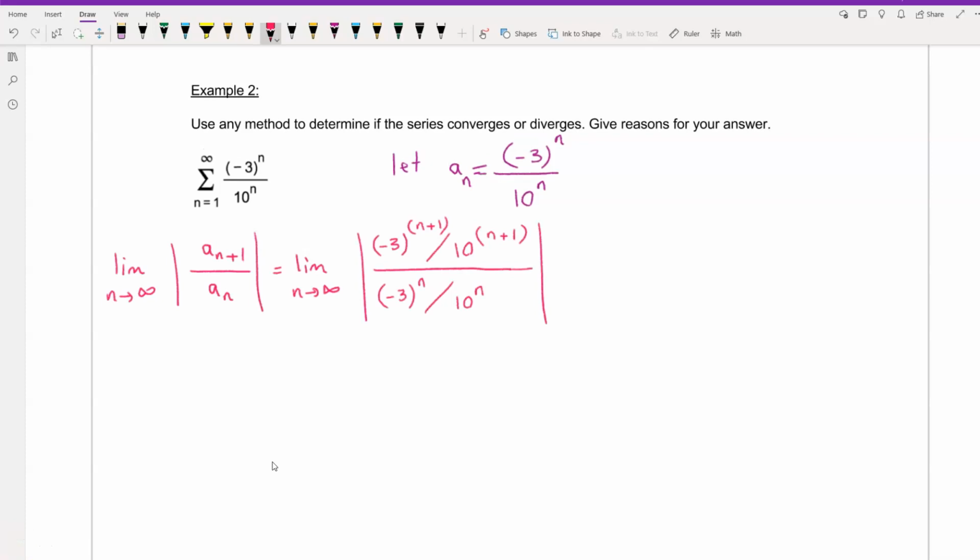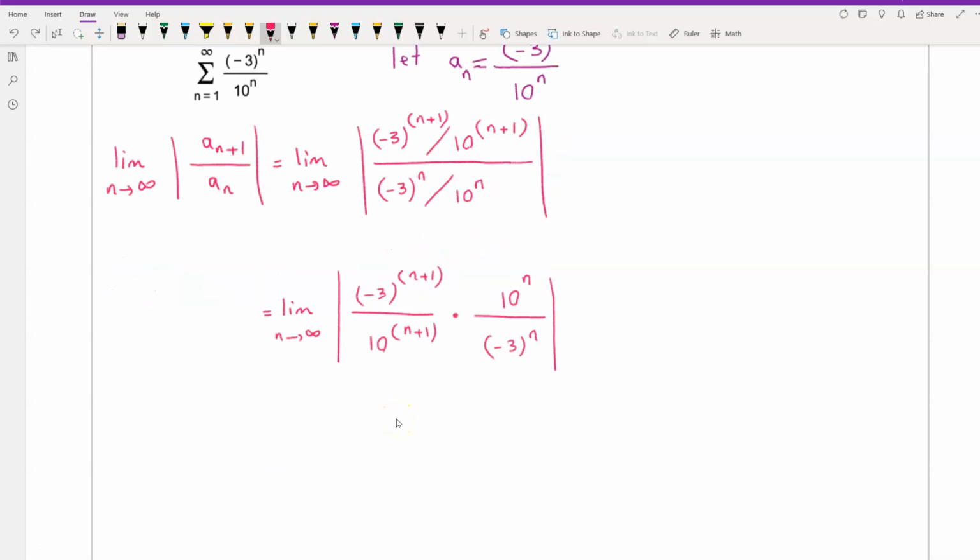So here on this board I'm using the ratio test, which is the limit of absolute value of a_(n+1) divided by a_n as n approaches infinity. So this is equal to the limit of absolute value of, on top for a_(n+1) we have (negative 3) to the power n plus 1 divided by 10 to the power n plus 1. In the denominator we have (negative 3) to the nth power divided by 10 to the nth power.